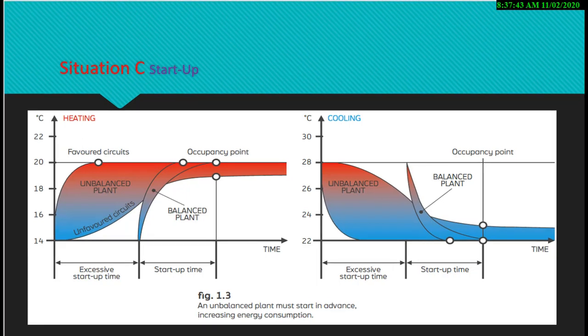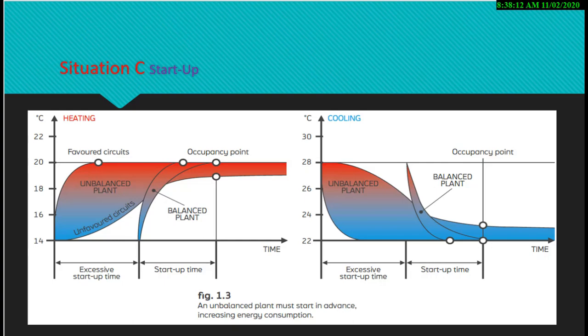This allows the control valves of said circuits to start working properly. Startup is therefore difficult and takes longer than expected, as shown in the diagram. This results in heavy energy consumption. In addition, uneven startup makes management by a central controller and any form of optimization practically impossible.